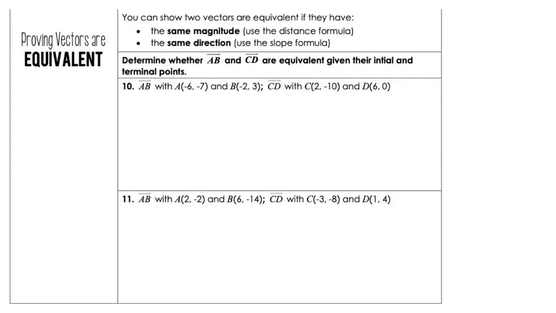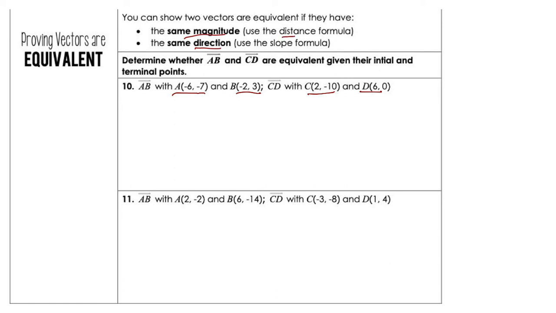All right, so the next thing we're going to look at is whether or not we can tell the types of vectors based on just having their information as far as initial point and terminal point. And we'll be able to discuss whether we have parallel vectors or opposite vectors or equivalent, and so forth, depending on our magnitude and our direction.